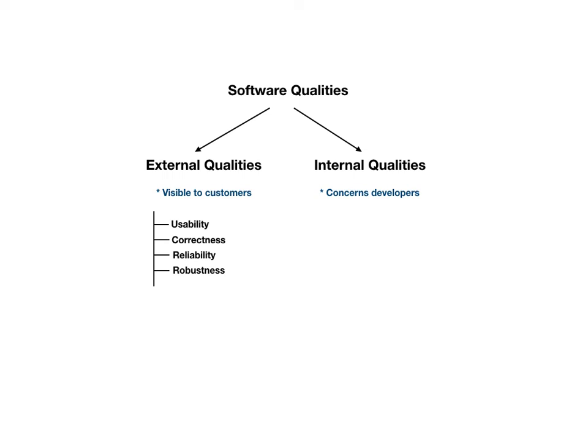If there are any unforeseen circumstances, like network failure, incorrect input, or a security breach, how well is your software operating in those circumstances? That's robustness. And the next one is dependability. Dependability is just fitness for intended use.